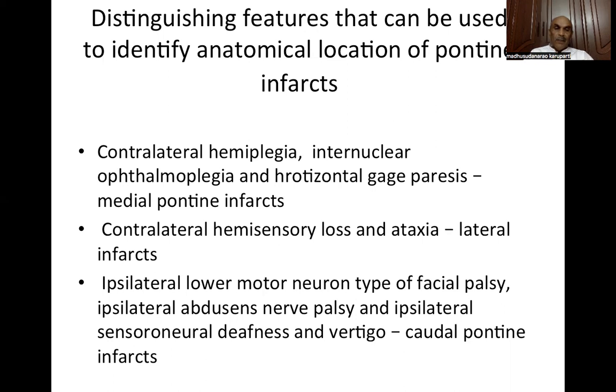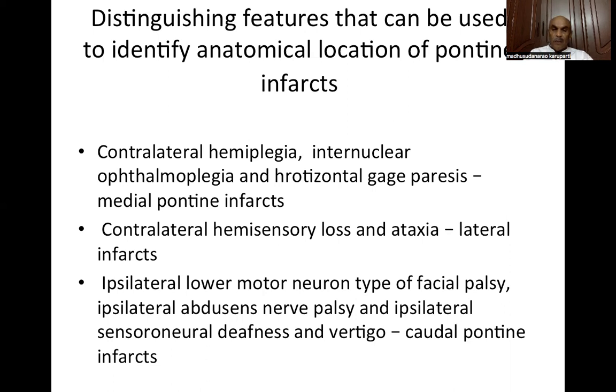The last one is ipsilateral lower motor neuron type of facial palsy, ipsilateral abducens nerve palsy, and ipsilateral sensorineural deafness and vertigo, which indicates caudal pontine infarcts.